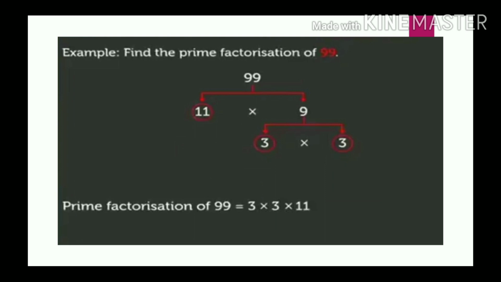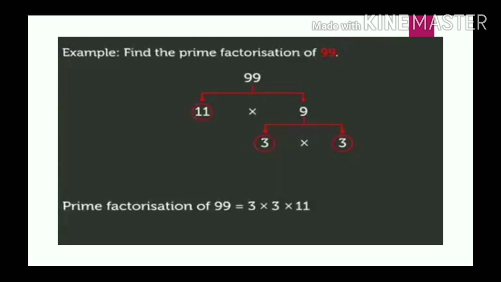Now example 2. Find the prime factorization of 99. So we have to divide 99 into two factors. First, 11 multiplied by 9 gives you 99, and as you can see 11 is already a prime number, so you cannot divide it further, but 9 is a composite number, so you can divide this.